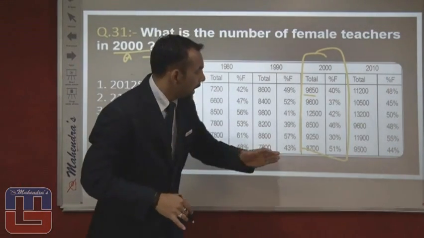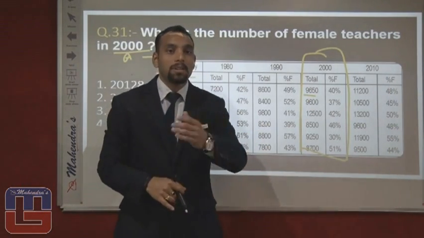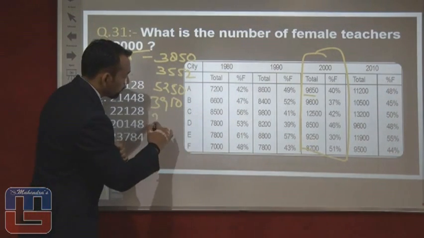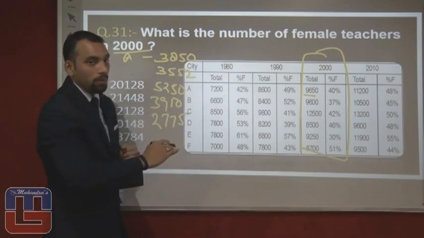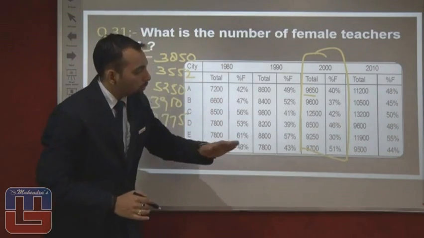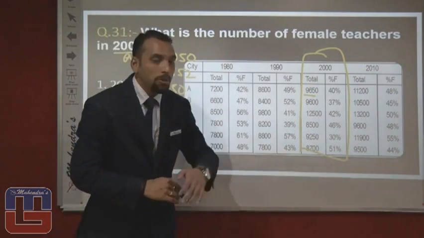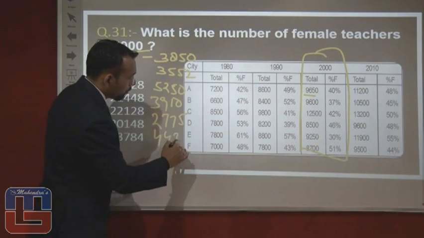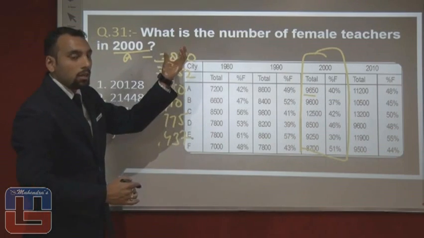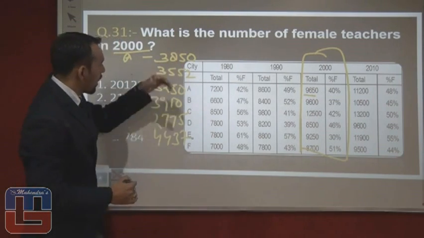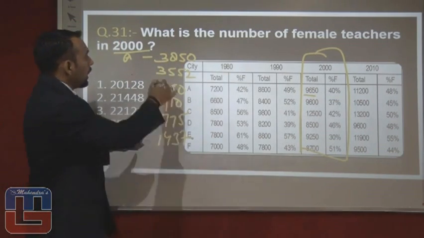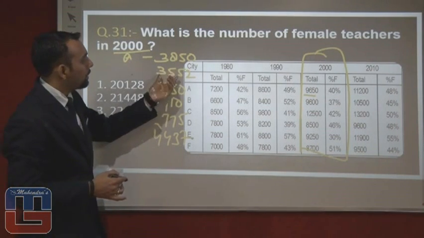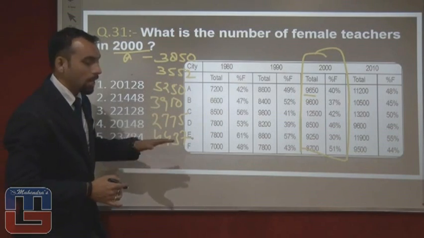And in city E, 30% of 9250 will be equal to 2775. Now similarly, the last one, 87% of 51, which will be equal to 4437. So what we read in this question, individually we find the number of females in city A, city B, city C, city D up to city F.